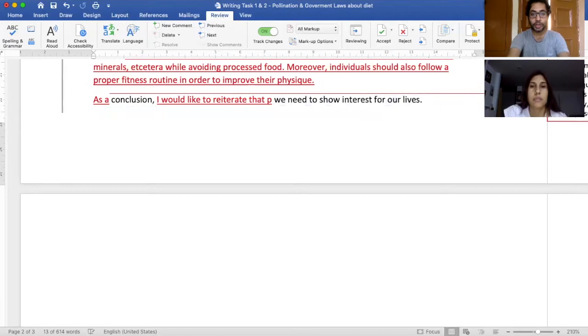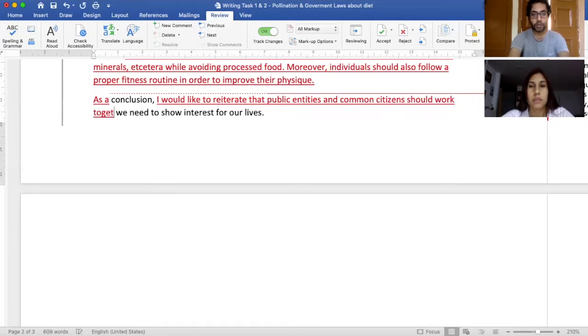So, in order to make it a bit short, because it has anyway become a bit lengthy, public entities and common citizens should work together in order to improve health standards across the society.